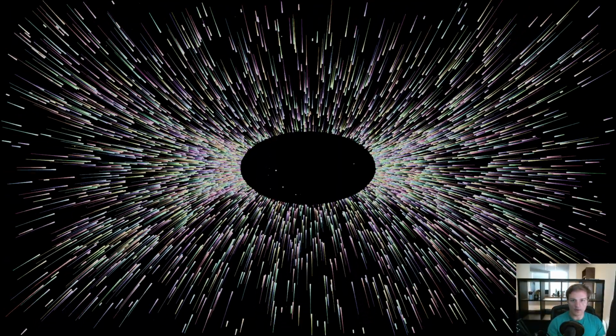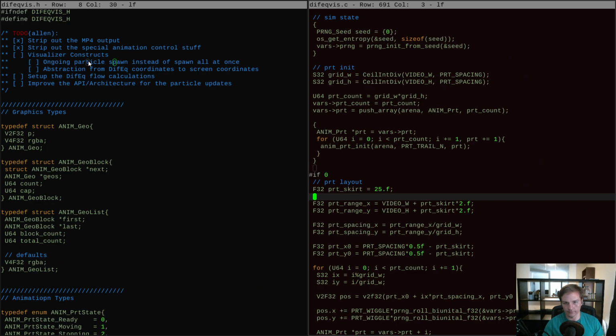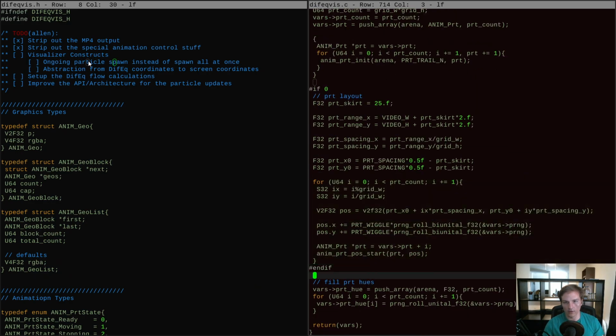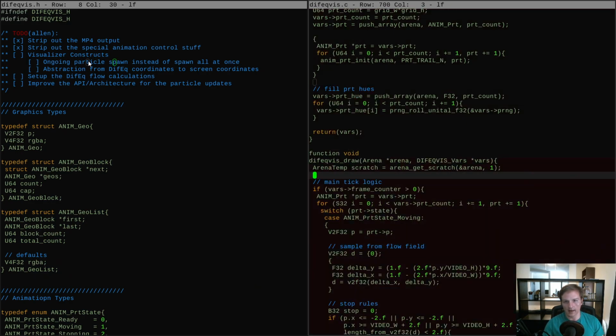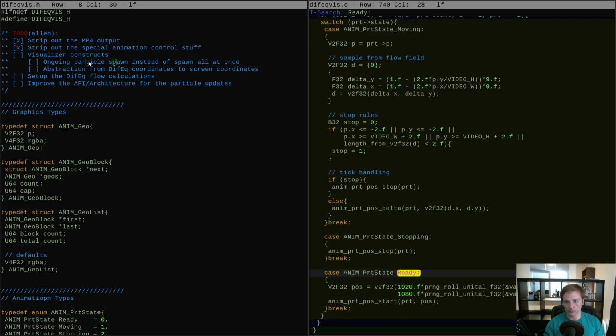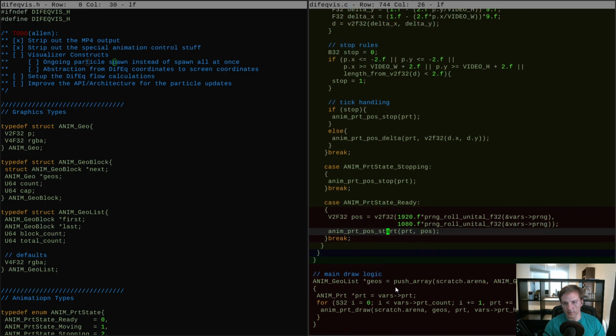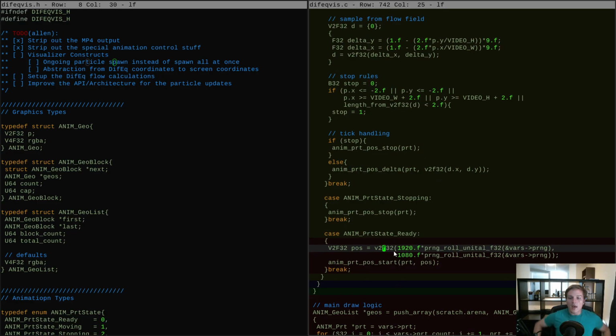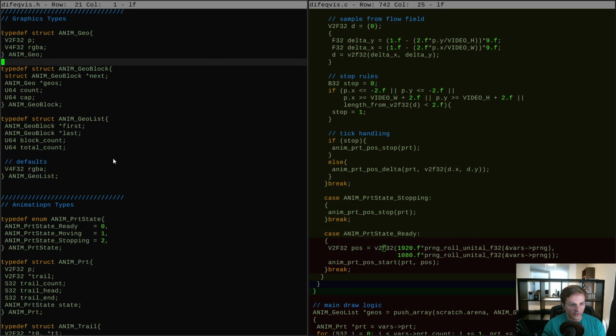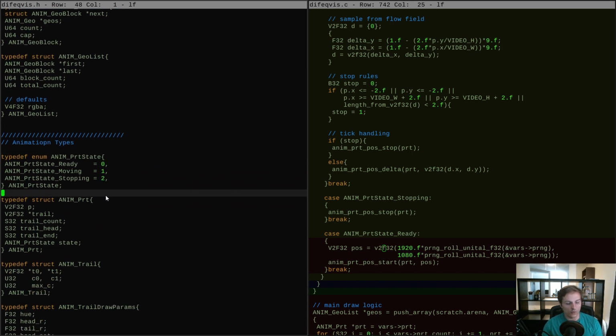So I think what we want instead, let me take that out. We have down here this rule that if they are ready, we spawn them right away. I think we want to switch to a situation where we have some maximum number of particles available, and we spawn a few at a time, right?